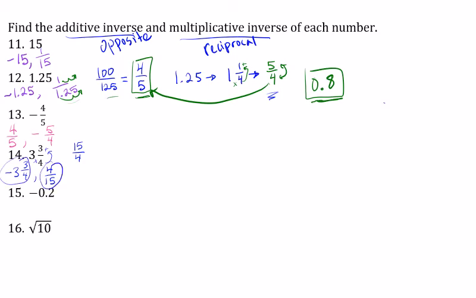All right, next we have negative 0.2, additive inverse, super easy, just change the sign, positive 0.2. The multiplicative inverse, we could do 1 over negative 0.2, and you could actually just plug that in your calculator and it would give you the answer. I could move the decimal.